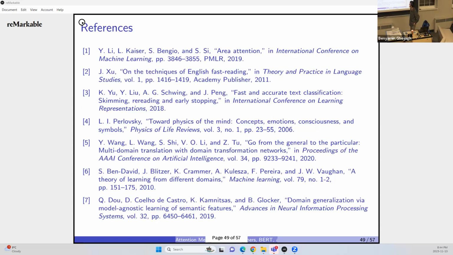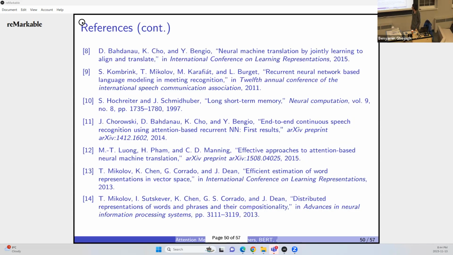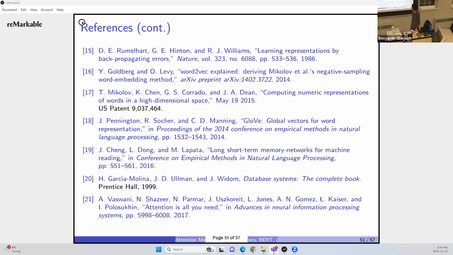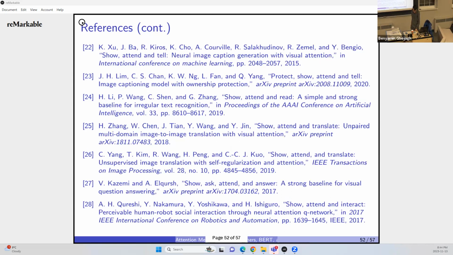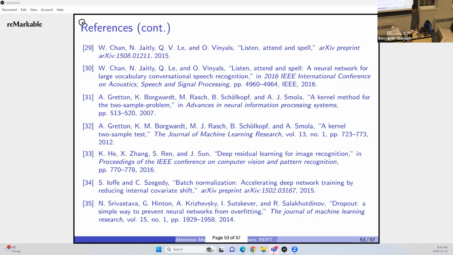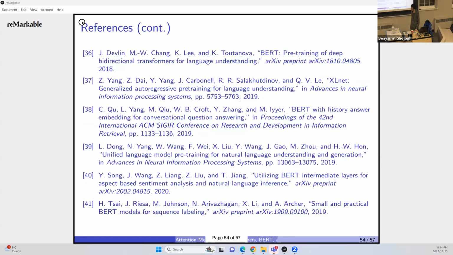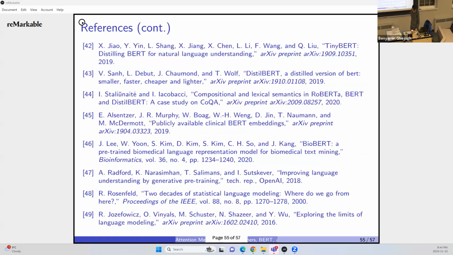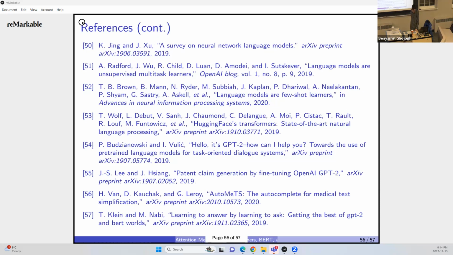So these are the references. It has a lot of references. I go through them so they are recorded, because we cited them in the lecture.